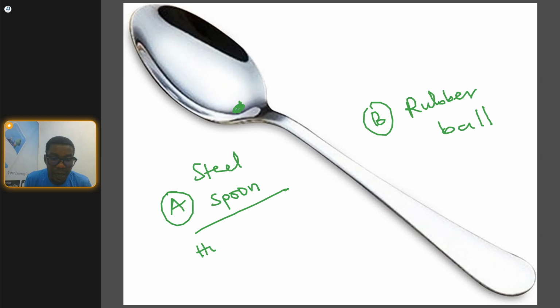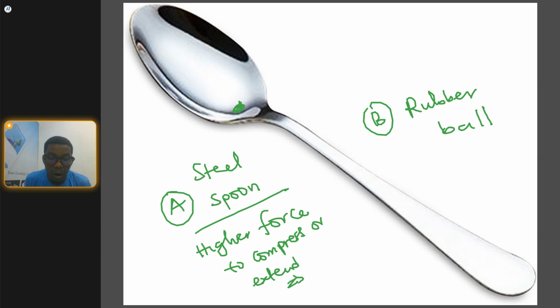It requires higher force to compress or extend. And that makes it more elastic. Okay? But the rubber ball, it's easy to compress it.